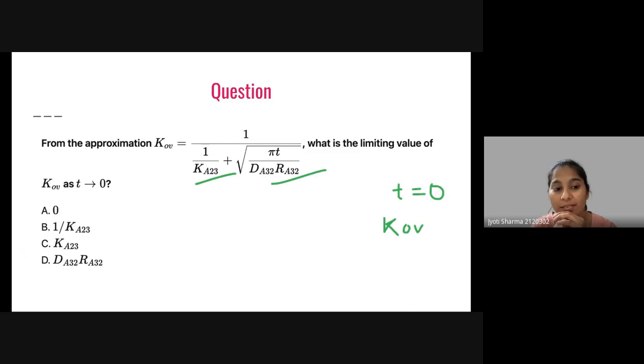So if time is equal to 0, and we put this equal to 0, the whole term will be 0. It means the resistance from the sediment side will be 0 if time is approaching 0, and all the resistance will be from the water side.